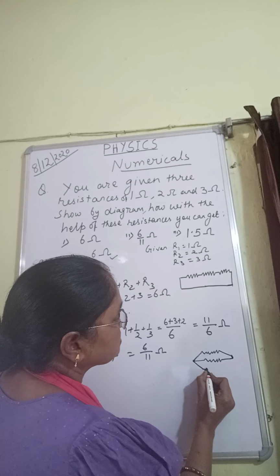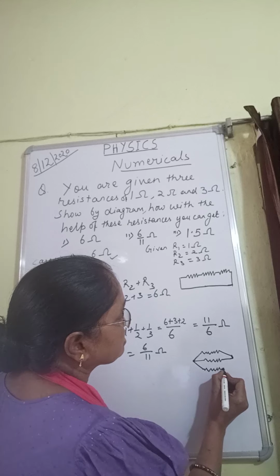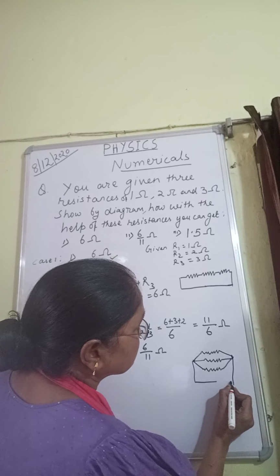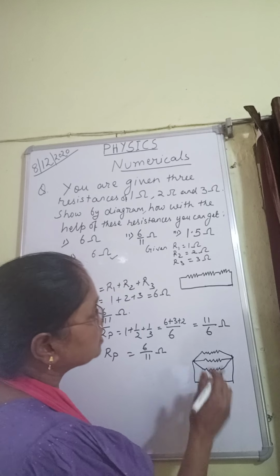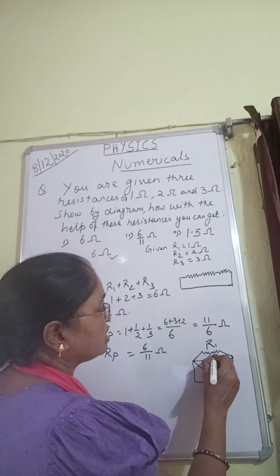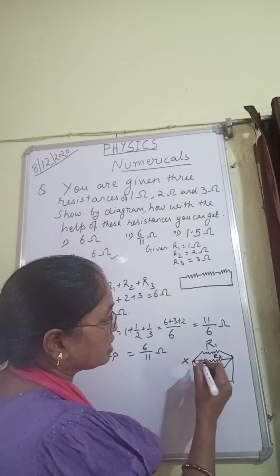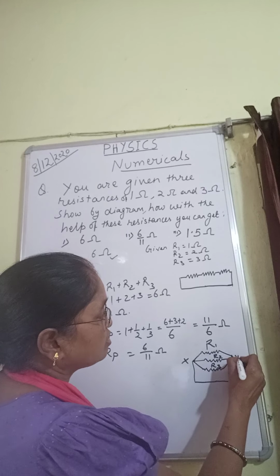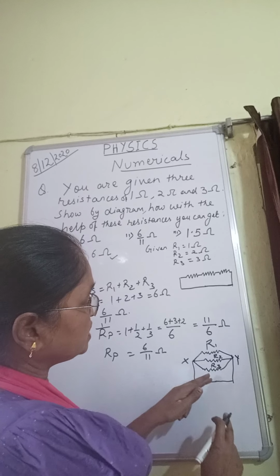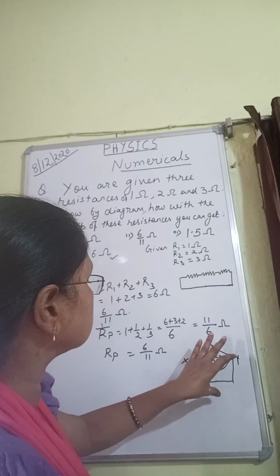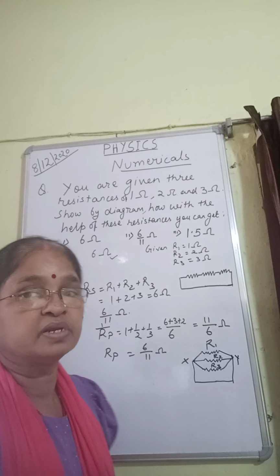A circuit has been drawn, that is R1, R2 and R3, and I am naming these X and Y. These two are common terminals, these are parallel connections. So when we connect the three resistances in parallel, we will get 6 by 11 ohm.